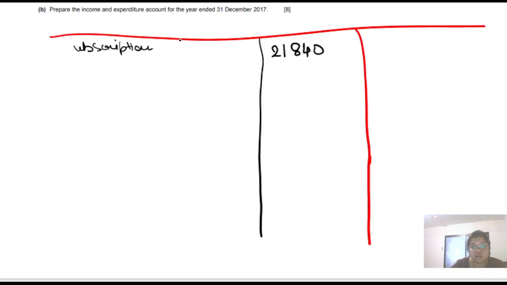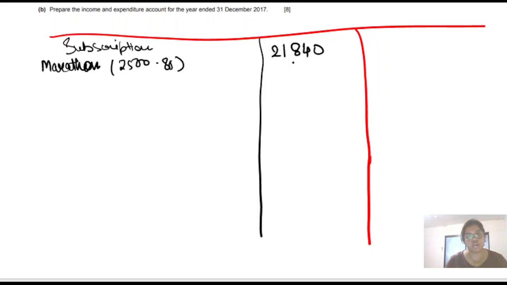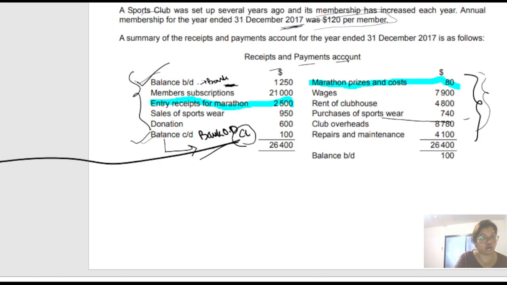So we write here marathon, and 2500 minus 80, which is 2420.